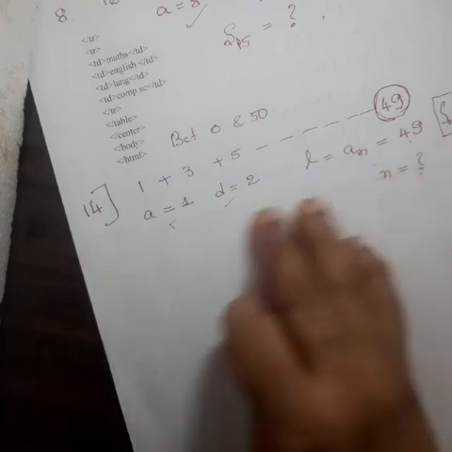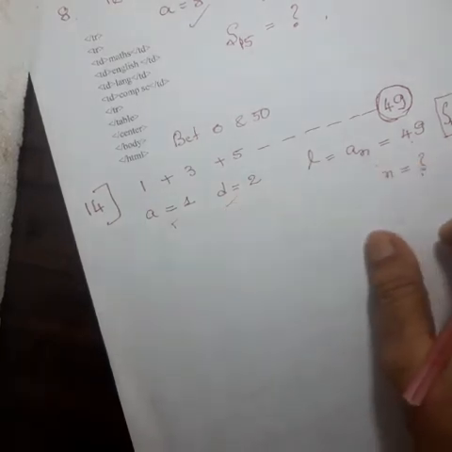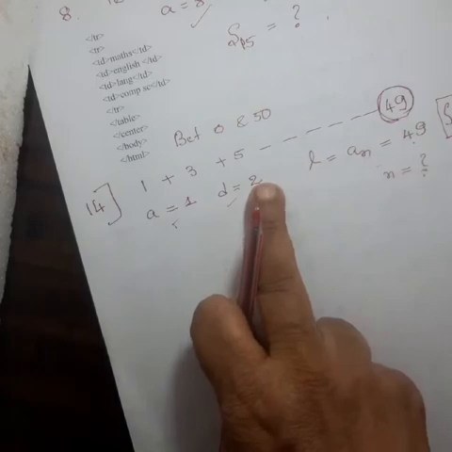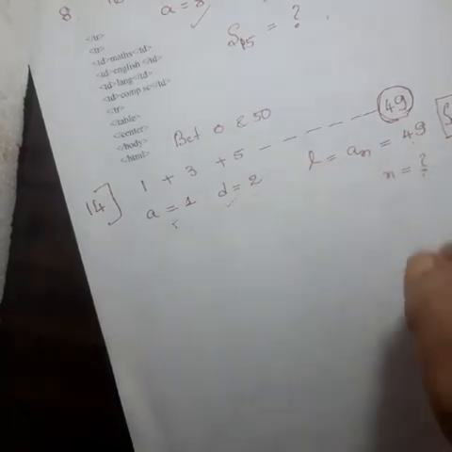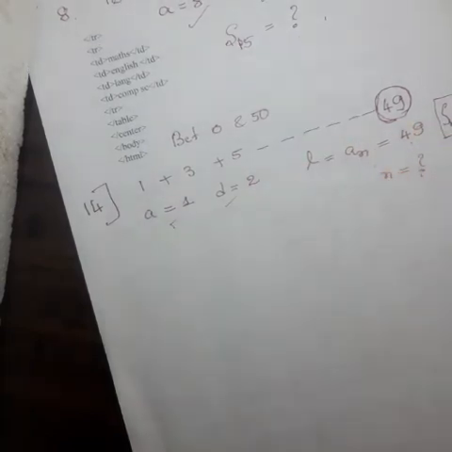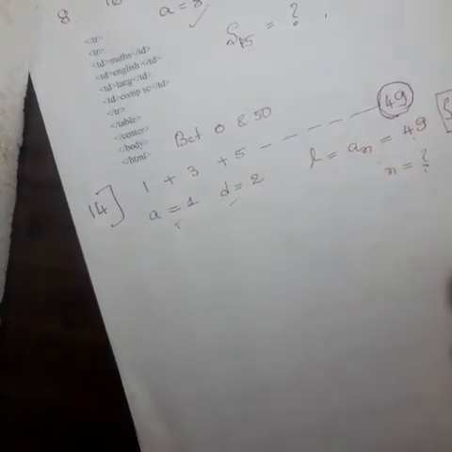Suppose they say find the sum of the first 15 odd numbers, you just do 15 whole squared, equal to 225. But of course this is not that sum. You can't directly use that formula here. You have to use the other formulas as usual, which you did for other problems.